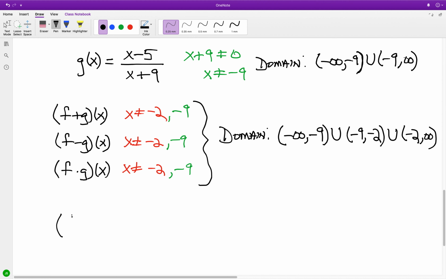Now for the quotient function, we still have to keep x such that both f of x and g of x will be defined in the real number system. So we're still leaving out -2 and -9.